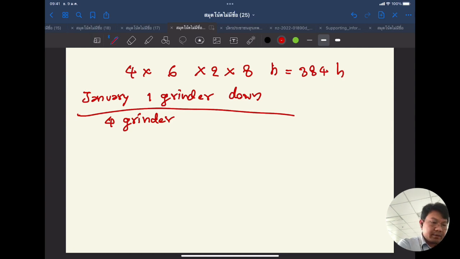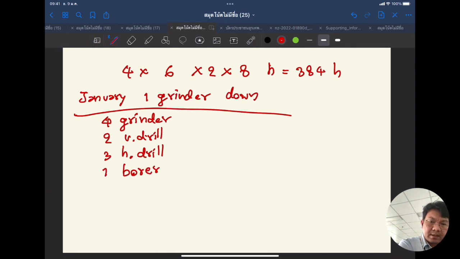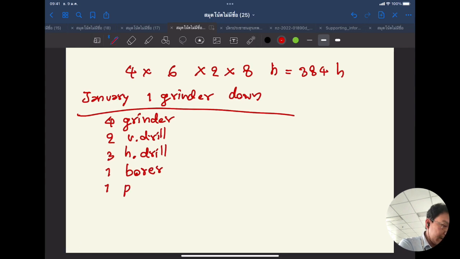We have 2 vertical drills, 3 horizontal drills, 1 borer, and 1 planer.